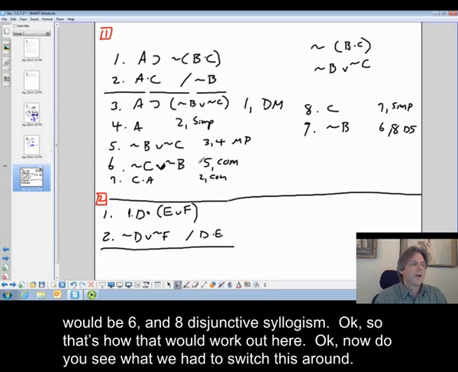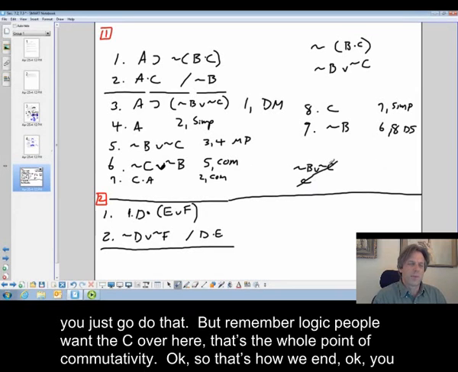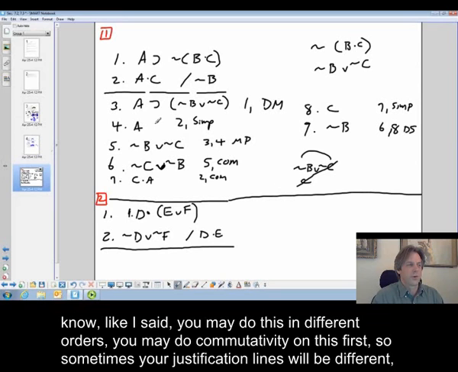Okay, now, do you see when we had to switch this around? A lot of times I'm going to say you don't have to worry about commutativity, because if you have not B or not C, and you have a C, I'm going to let you just go do that. But remember, logic people want the C over here. That's the whole point of commutativity. Okay? And like I said, you may do this in different orders. You may do commutativity on this first.